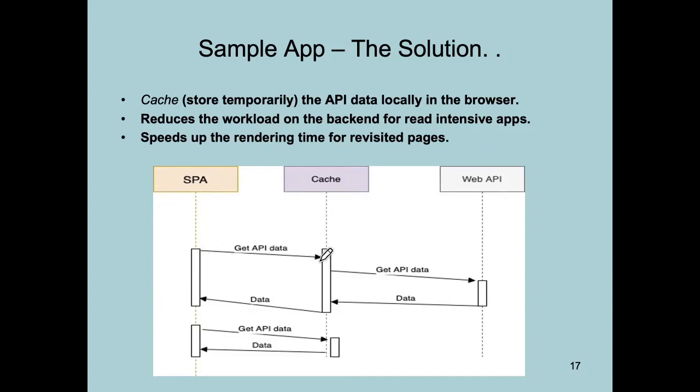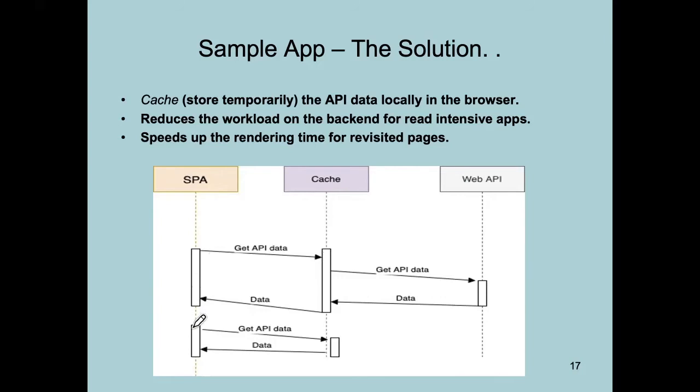So it simply asks the cache, do you have the particular piece of data? Maybe it might be the first 20 movies from the Discovery API. The cache will check to see whether it has that data or not. If it doesn't, it will request it. Eventually that response will come back. Now the cache is going to store it locally, and then it'll hand it back to my single page app, and that'll go through its re-rendering process.